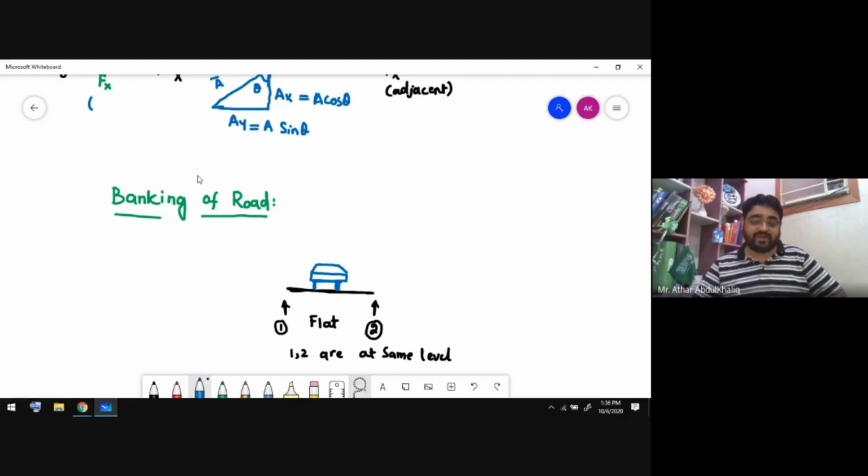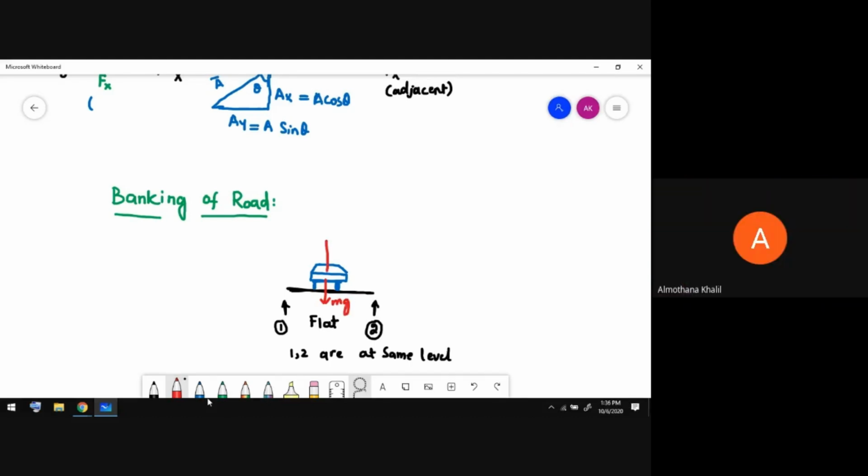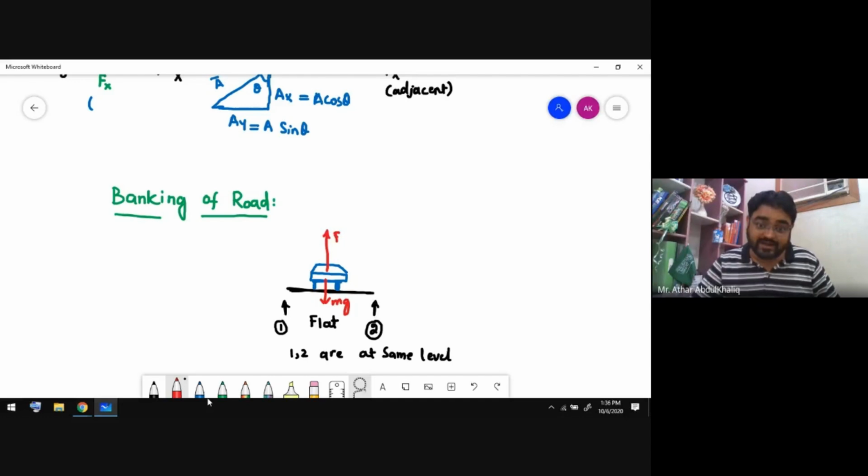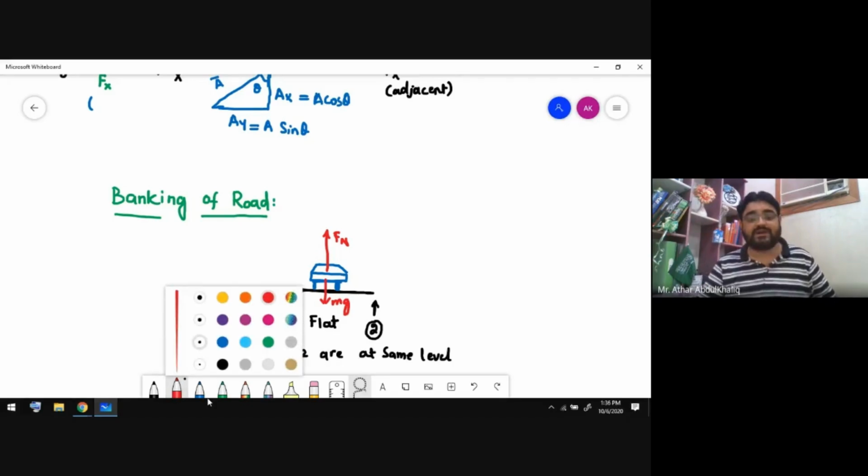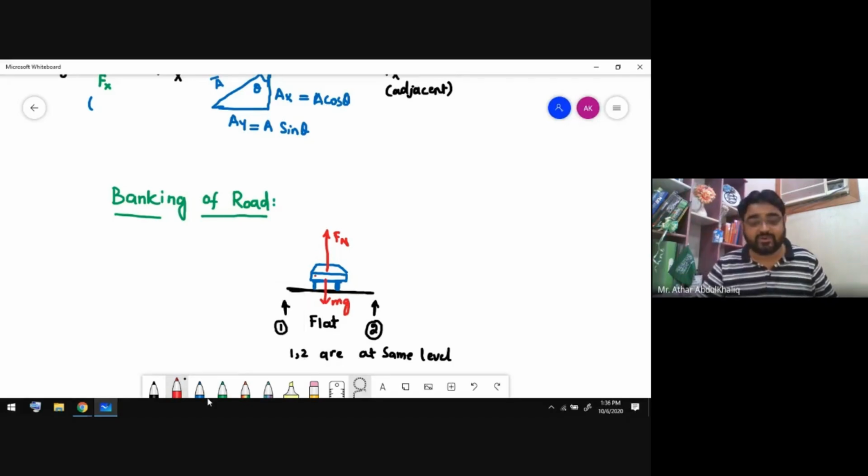So on the flat surface, I told you there are two forces acting on it. The first force is its weight, the gravity, acting downward, and the second force is the normal reaction of the road, and it is upward. And if it is a curve, for example the road is flat but it is a curve, meaning the car is going to take a turn, there will be a third force, static friction, towards the center of the curve.